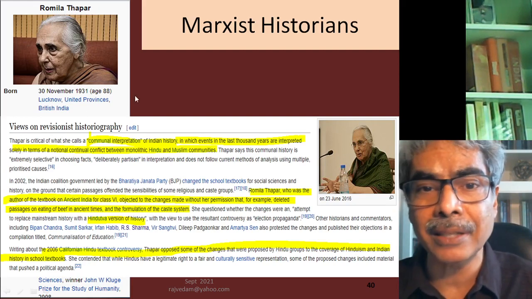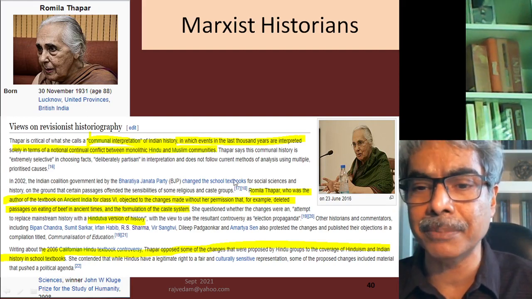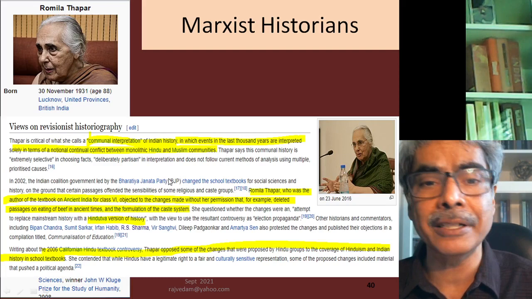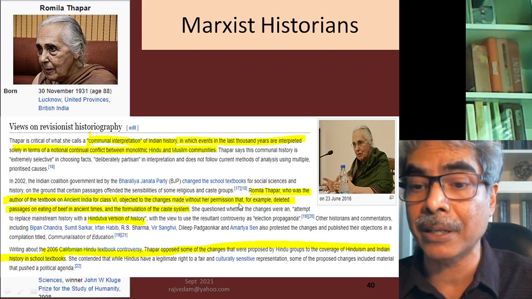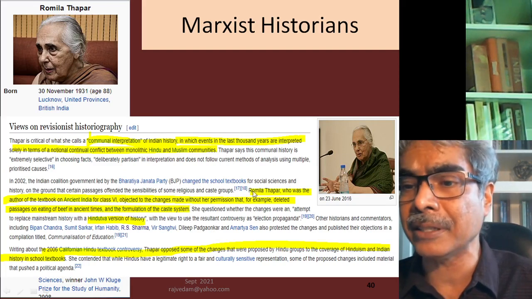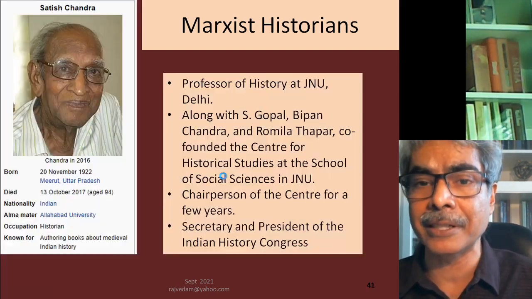All of these things have been codified by Romila Thapar, and at JNU, which is Jawaharlal Nehru University in New Delhi, she has influenced many generations of students to follow the Marxist historiography.